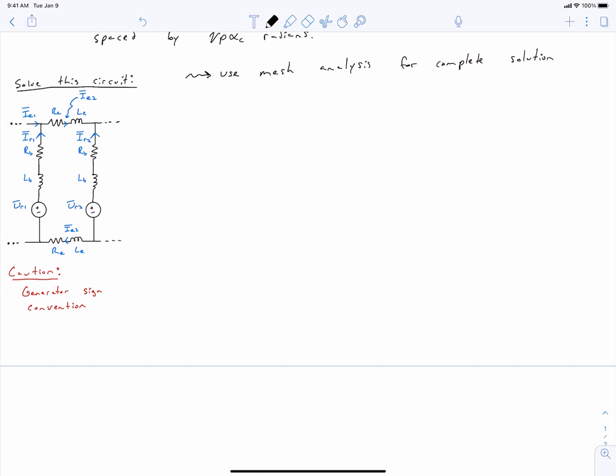And to make our notation simpler, I'm going to right away define a complex impedance for the rotor bar. So that would be this region. And a complex impedance for the end connection, the end ring. There's nothing surprising here.